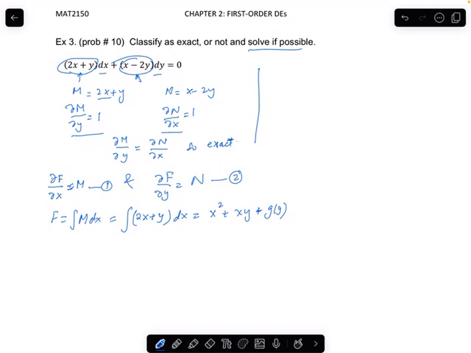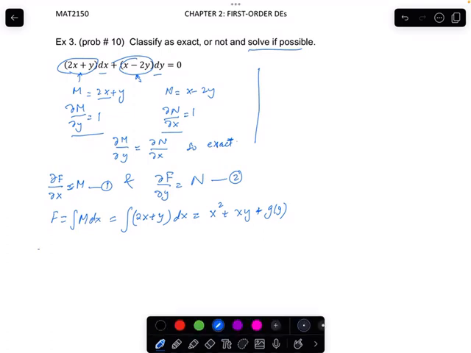Now when we differentiate F with respect to y now, you get x plus g prime of y.